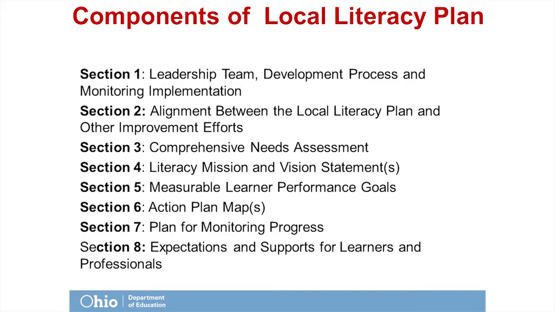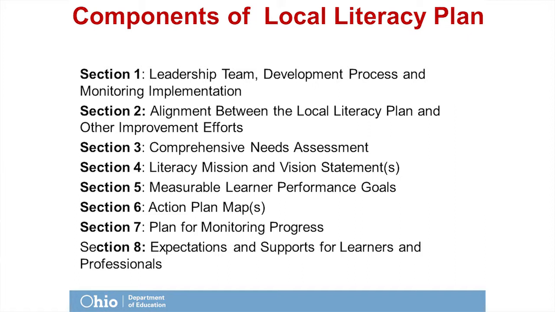The third part is where you show your needs assessment. You've collected data, and you can show that there's a need for literacy work in your district or organization. Fourth, you'll tell us what your literacy mission is and what your vision is.